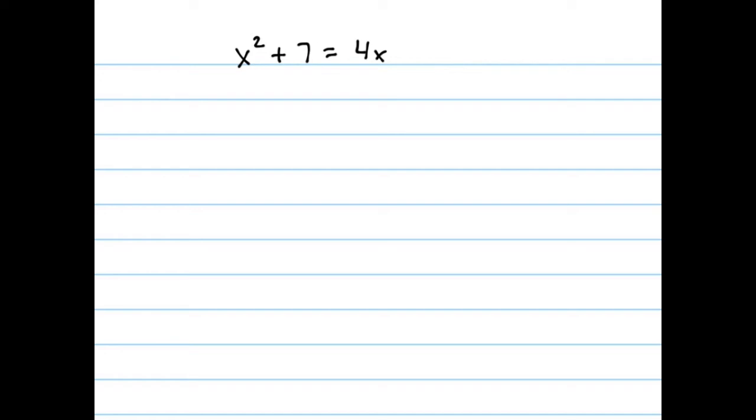Getting them all on the same side. Subtract the 4x, get them all on the same side. Okay, then what? We make it y equals x squared minus 4x plus 7.